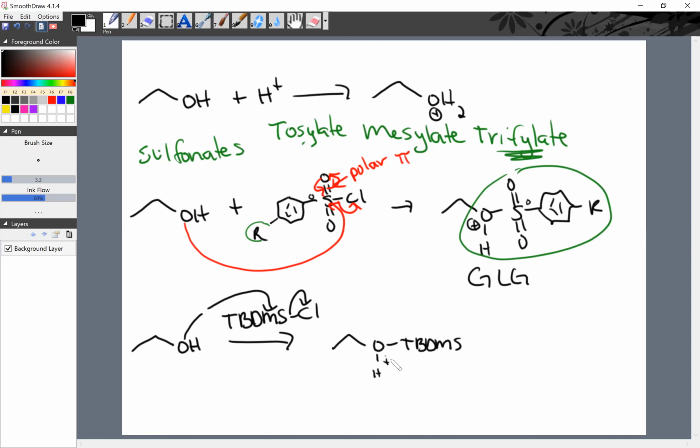Somebody will come along and deprotonate that. This is now protected. Go do whatever reaction you need to have done, and then you can take it off with tetrabutyl ammonium fluoride, and it will go back to the alcohol you started with. Okay, and so that is literally just a protecting group if you don't want the alcohol's hydrogen to react and do things unexpected.